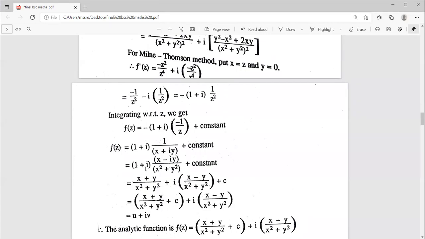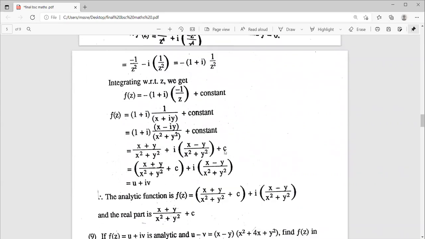The i term, multiply here: i square is minus 1, that becomes plus 1. Since there is a minus here, plus i into x minus y divided by x square plus y square plus c. So adding c to the real part, you will get x plus y by x square plus y square plus c plus i into x minus y by x square plus y square.